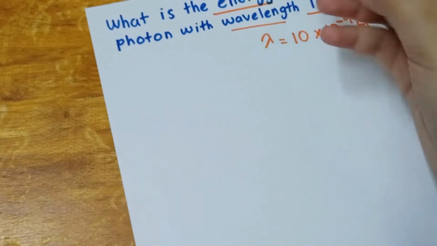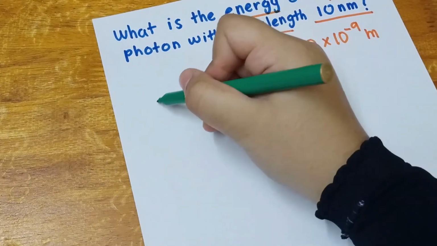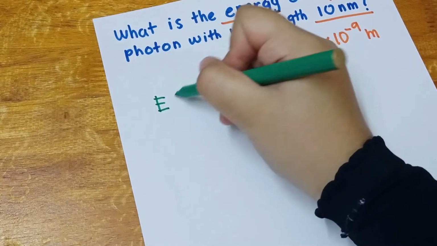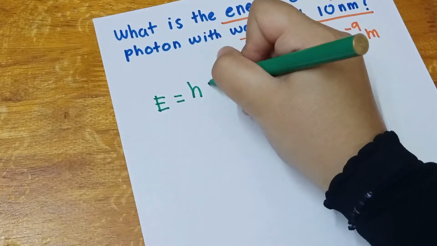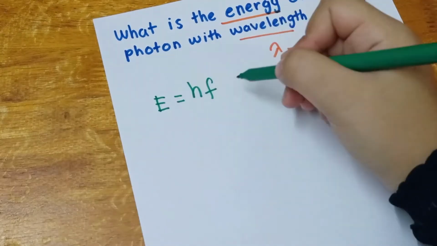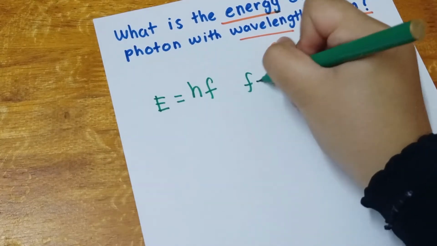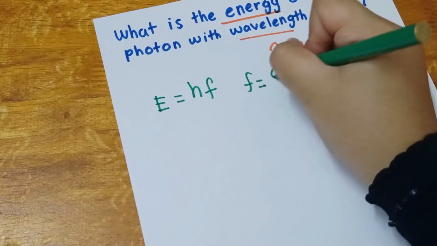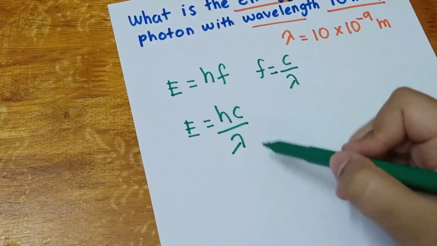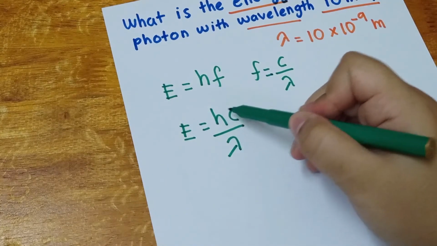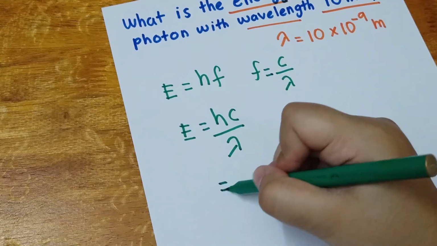If we have the wavelength, the formula will be changed from E is equal to HF, the original formula. We also know that frequency is equal to C over lambda. So we have lambda, H is Planck constant, and C is speed of light.